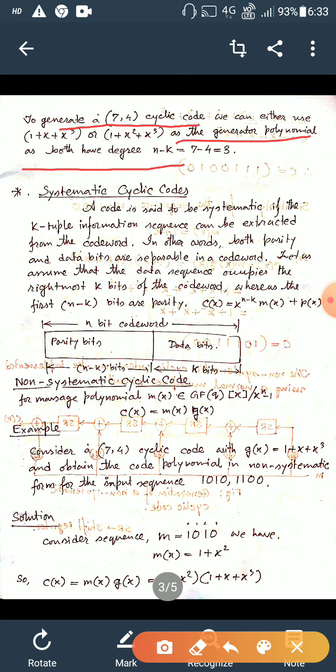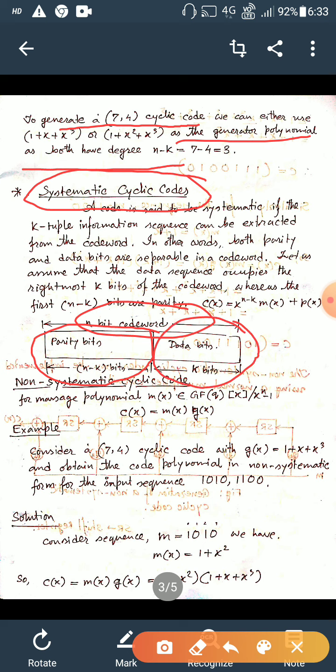basically there are two types of cyclic code. Initially we discuss the systematic cyclic code. For the systematic cyclic code, from the code word we can easily tell which portion is the data bit or message bit and which portion is the redundancy or the parity bit. So if the code word is given as n, from there you can easily identify which is the parity bit, and the other portion would be defined as the message bit.